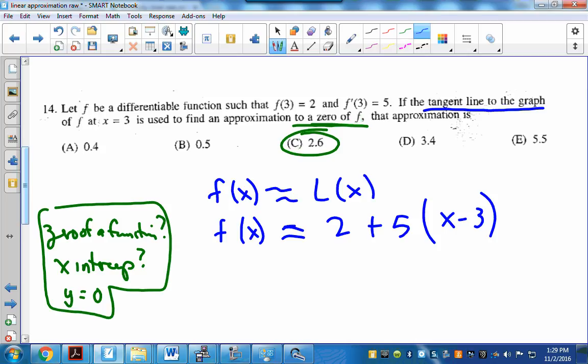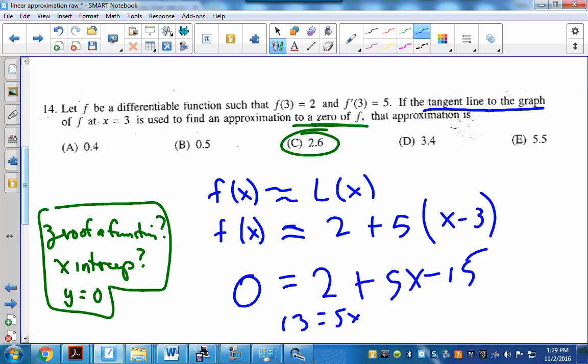Where did you go from here, I guess is the question. Yeah, you make this equal to 0, right? So 0 is equal to 2 plus 5x minus 15. So what's that? 15 subtract 2 is 13. 5x, right? So x is 13 fifths, 2.6. Okay? That one you had to know what a zero of the function was.